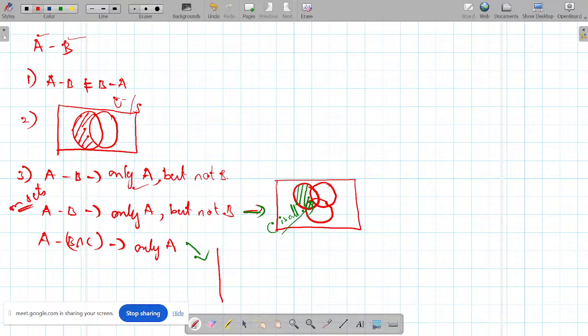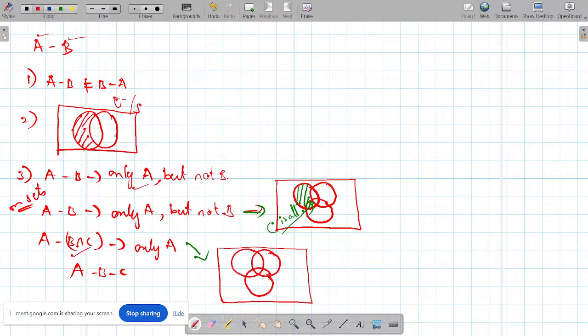I have A minus B intersection C, which is read as only A. Actually, we will not call this one A minus B minus C. It doesn't have this type of relationship. We can call it A minus something. So A minus B intersection C is only A. So if I have A, B, and C, then A minus B intersection C: let me go first for B intersection C. If I shade B intersection C, is the shading right?